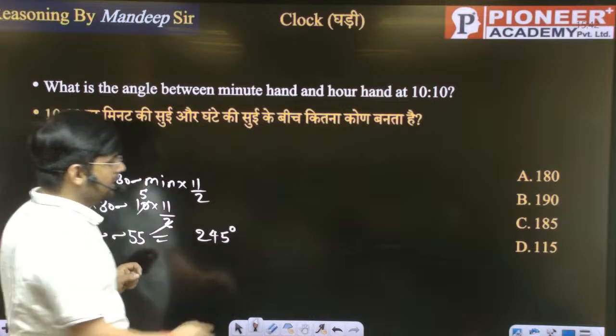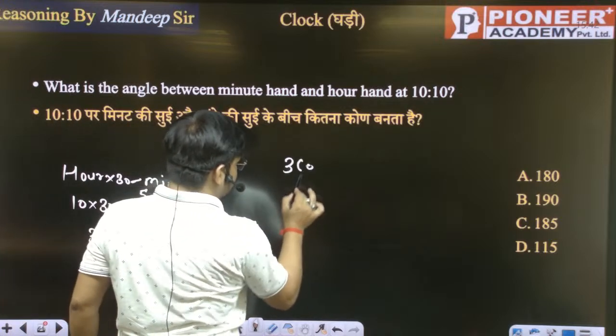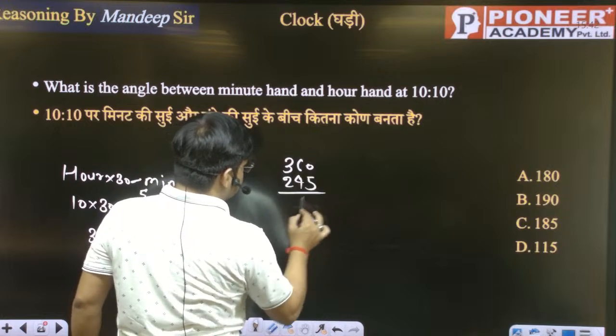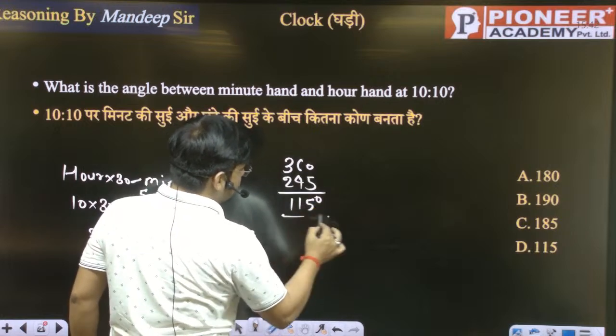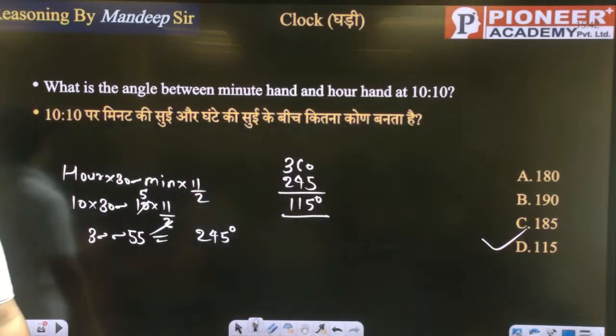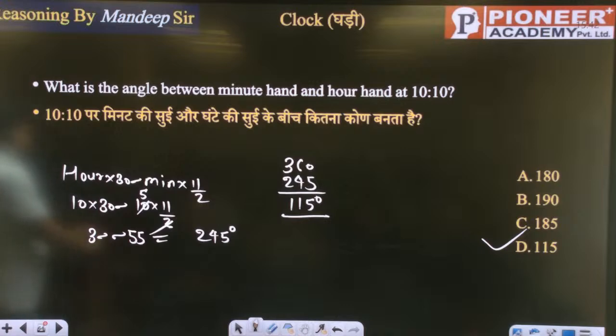So we will subtract it from 360. It's 115. D option is our correct answer. Is it clear?